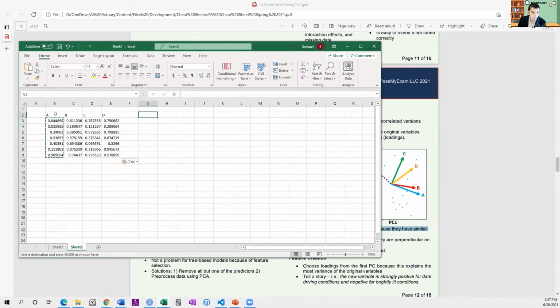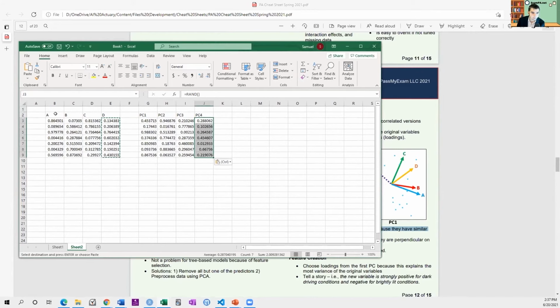And then you would run PCA and you get 4 PCs: PC1, PC2, PC3, PC4. And these would also just be numbers, except they would be the principal components, so that there'll be linear combinations of A, B, C, and D.